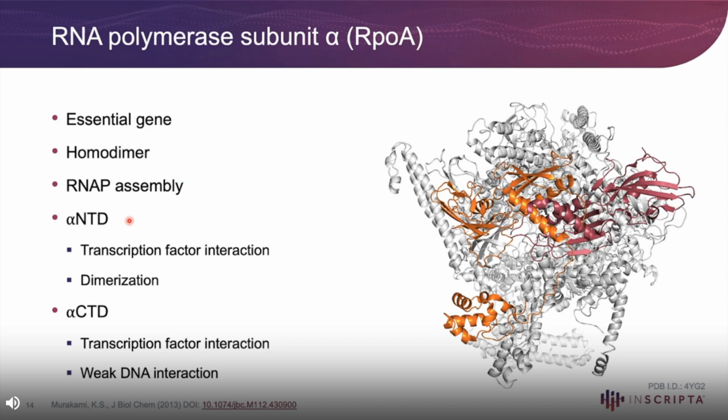The N-terminal domain has interaction with different transcription factors, and there's also the dimerization domain in the N-terminal domain. The C-terminal domain also has interaction with transcription factors and weak interaction with the DNA.